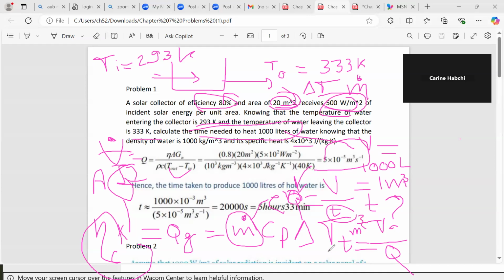Pay attention, V is the volume in meter cube, and Q or V dot is meter cube per second. So when you multiply Q by T, you get the volume. So to get T, what should you do? Divide the volume by V dot or Q. So this is for the first problem.